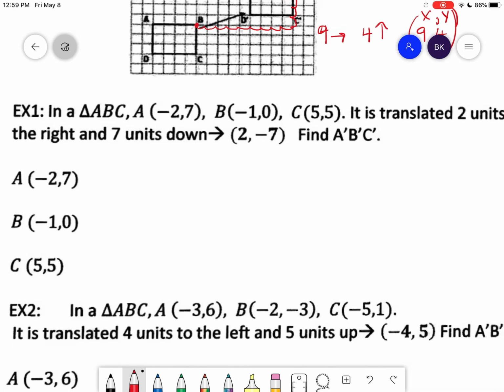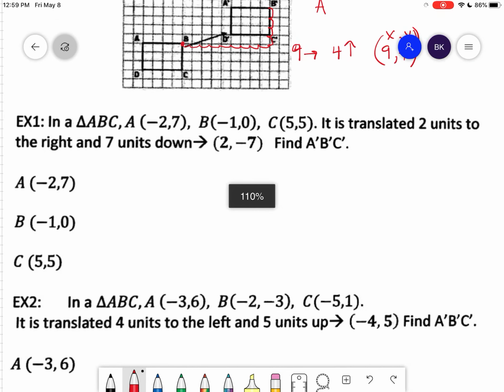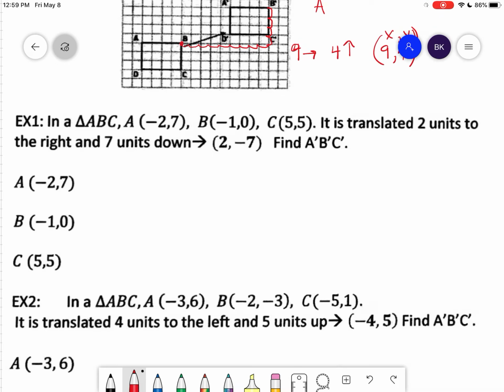So let's take a look at our example. In example 1, you have a triangle ABC with 3 vertices, and it is translated 2 units to the right and 7 units down.